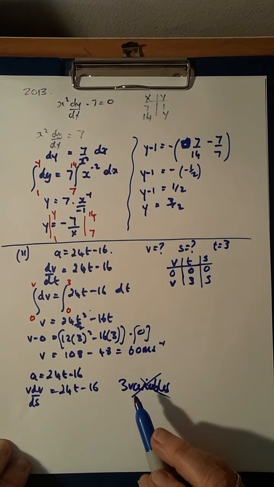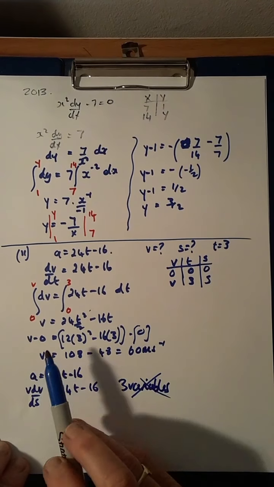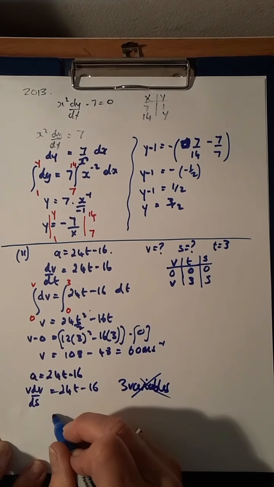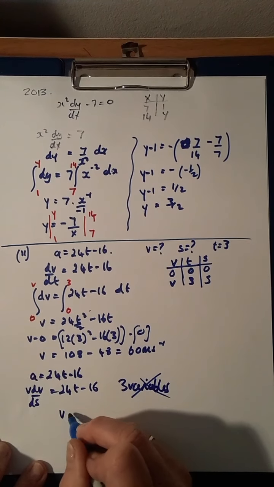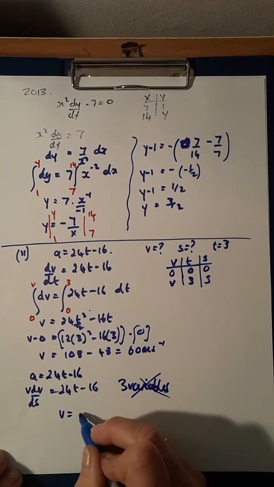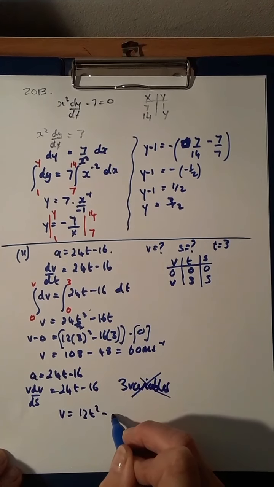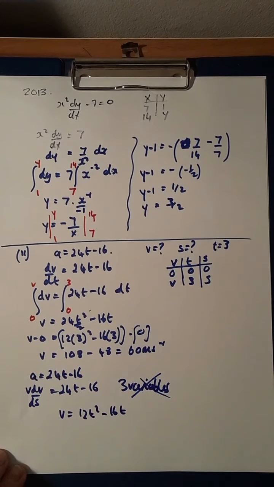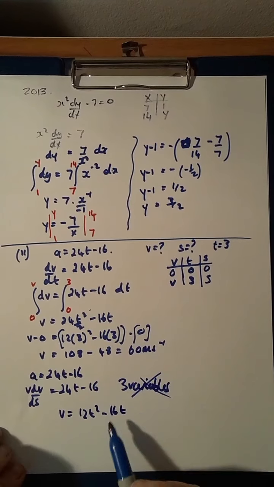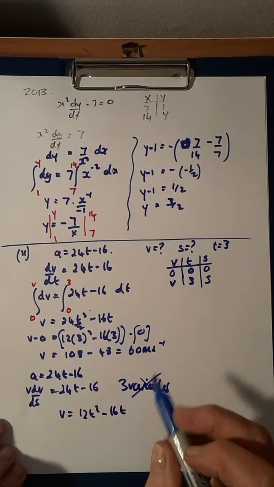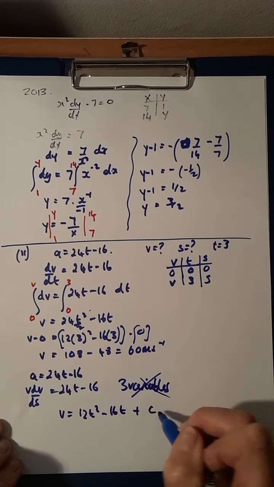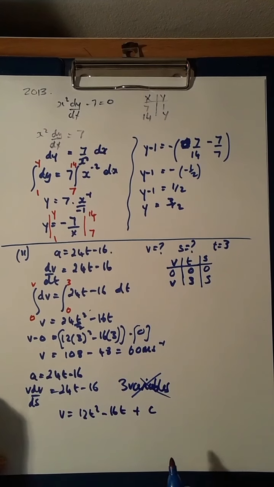Okay, so in this case, I'm going to go back to my v expression. V is equal to, up here, 12t squared minus 16t. Without any limits, if I didn't put in any limits at this stage, I would have had a plus constant of integration.